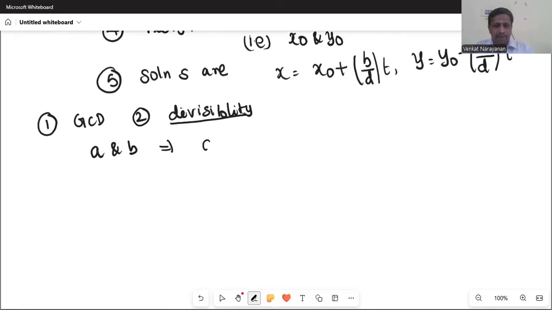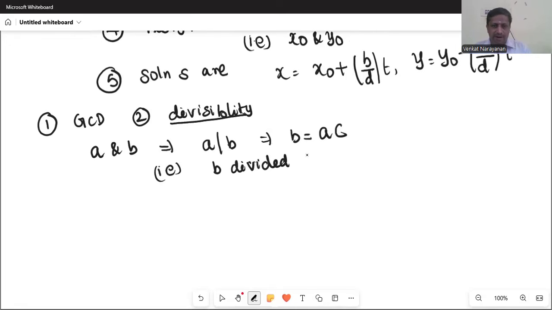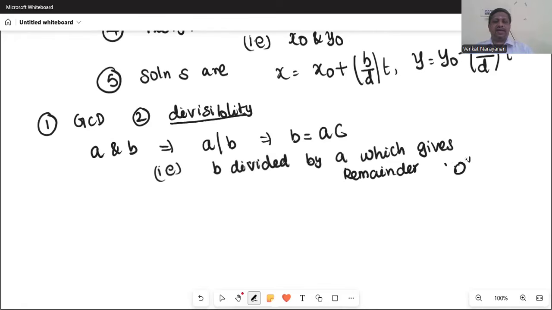We say a divides b if b can be written as a into c, that is, b divided by a gives remainder 0.